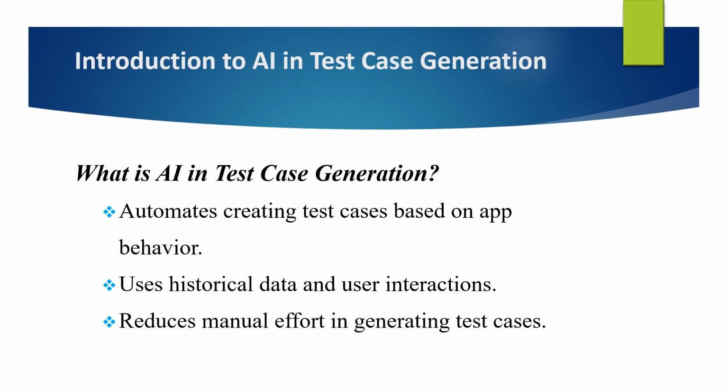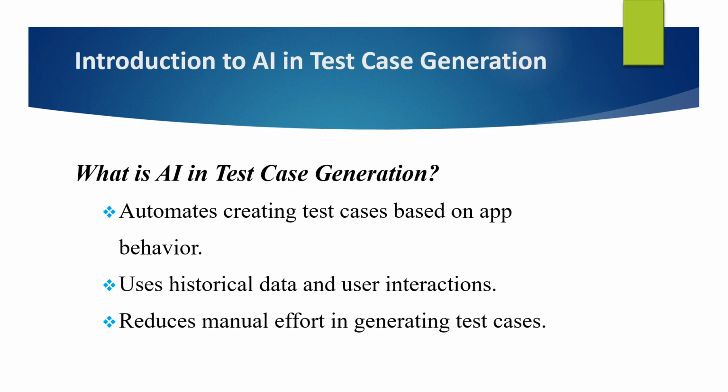Artificial intelligence, specifically in the realm of test case generation, involves using algorithms and data-driven techniques to automatically create test cases. Traditionally, QA engineers would spend significant time manually crafting test cases based on expected user behavior and application requirements. With AI, we're able to automate this process.